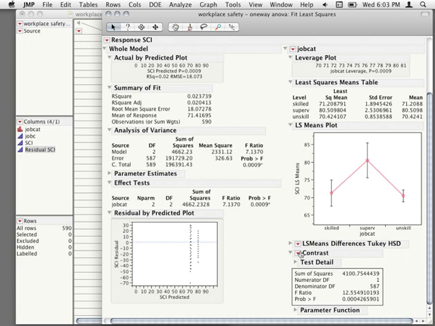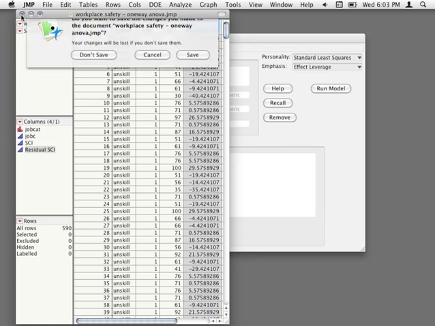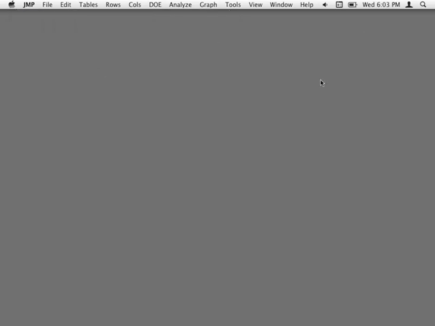But in this particular case, with small violations and fairly robust or small p-values, I wouldn't be particularly concerned with it. Okay, so let's close out of that one and not save.